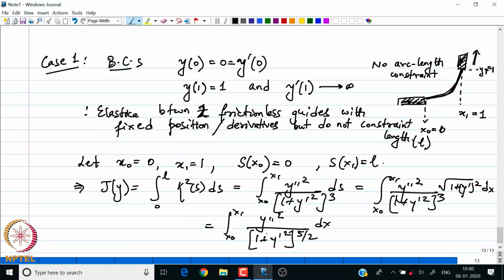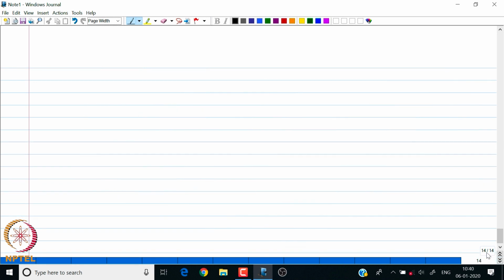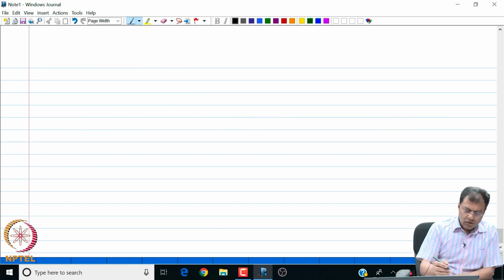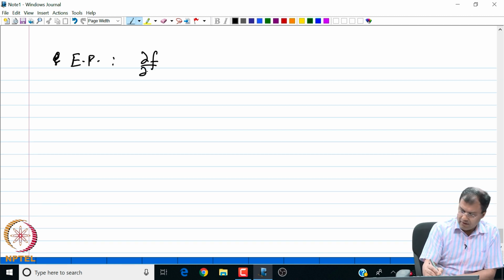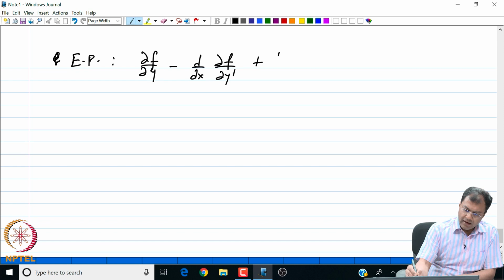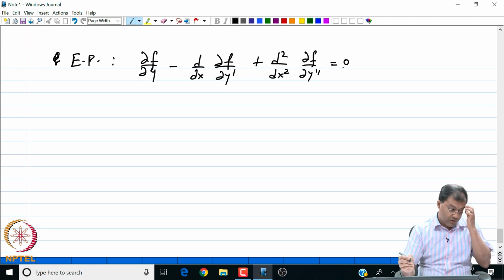This is a functional with a second derivative, so we are going to use the Euler-Poisson equation to find the extremal. We use the Euler-Poisson equation, which gives us partial f partial y, minus d dx of partial f partial y prime, plus d squared dx squared of partial f partial y double prime, is equal to 0.